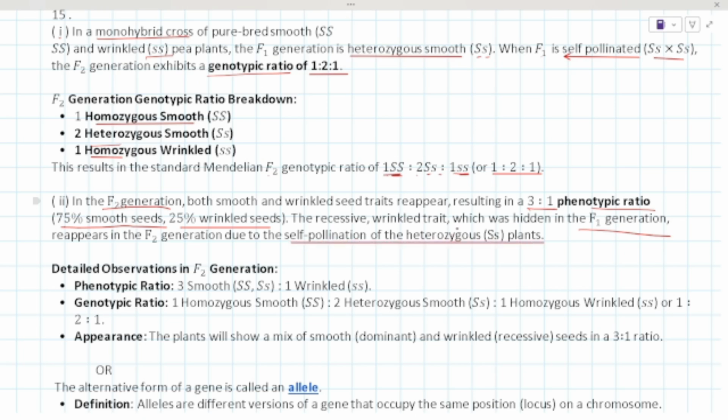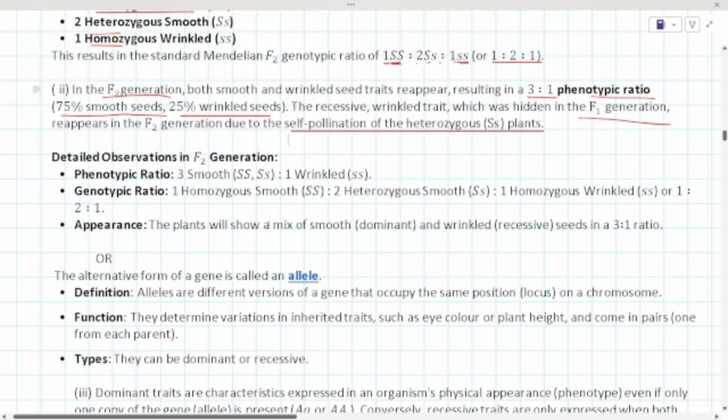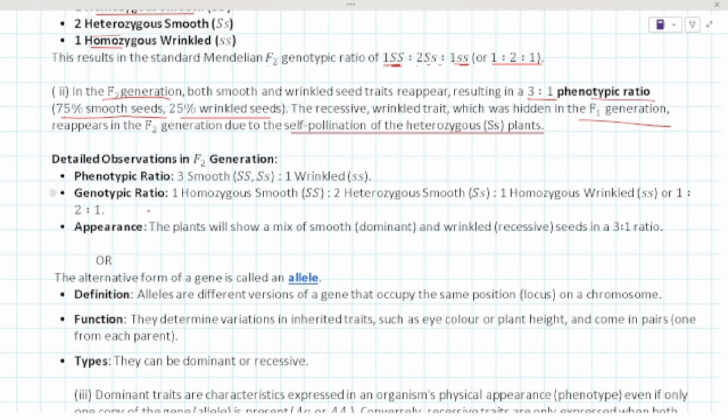In detail, in the F2 generation the phenotypic ratio is three smooth to one wrinkled. The genotypic ratio will be one homozygous smooth, two heterozygous smooth, and one again homozygous. So it will be 1:2:1, which we learned in the first one.